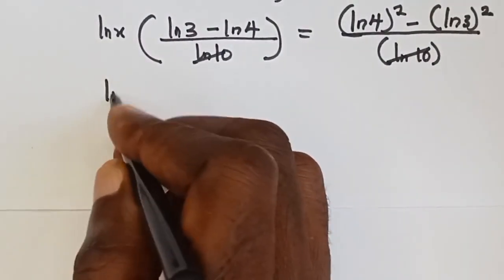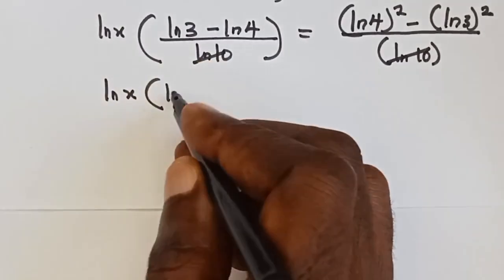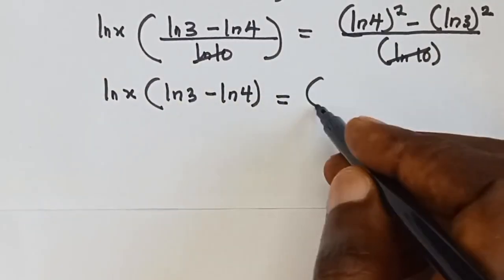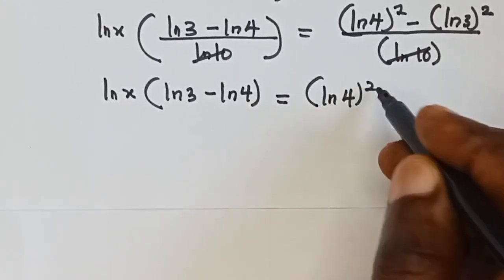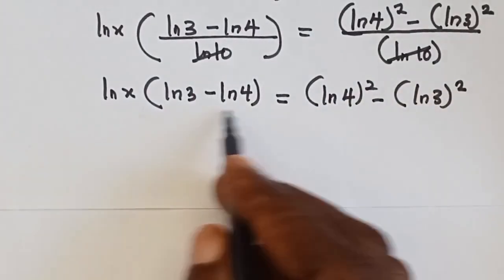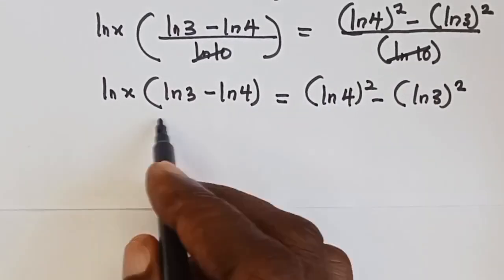So we have ln x times (ln 3 minus ln 4) equals ln 4 squared minus ln 3 squared.